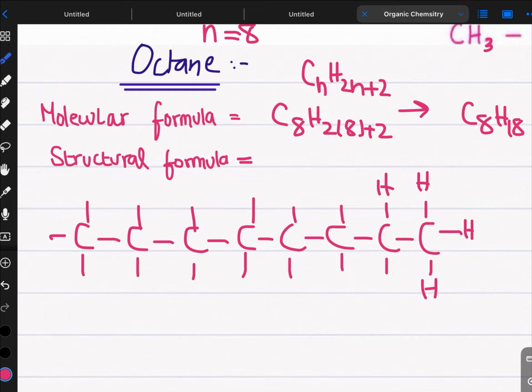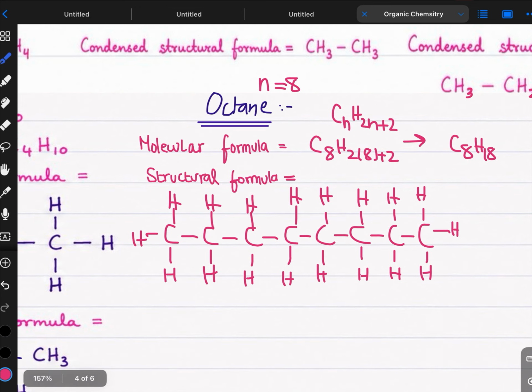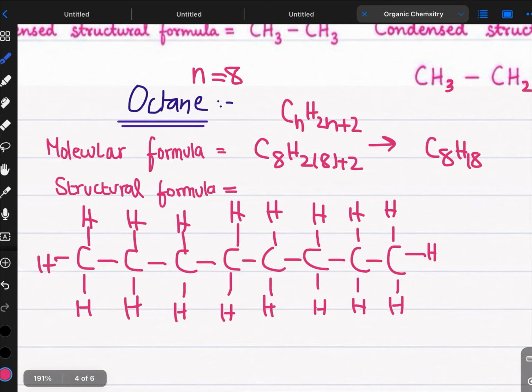I have 3 here for 5th, 6th and 7th, 8th and 9th, 10th and 11th, 12th and 13th, 14th and 15th, 16th and 17th, and then lastly the 18th. This is how I've completed the structural formula of octane. I have 8 carbon atoms like here, and I have 18 hydrogen atoms like this.